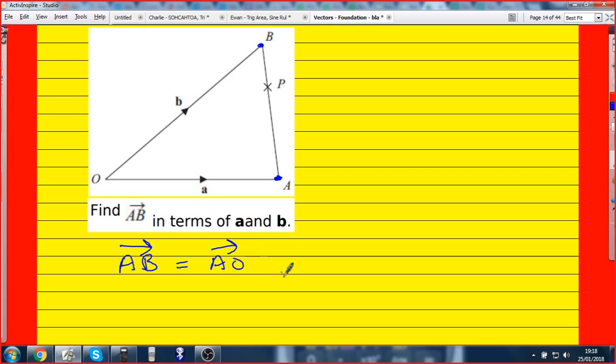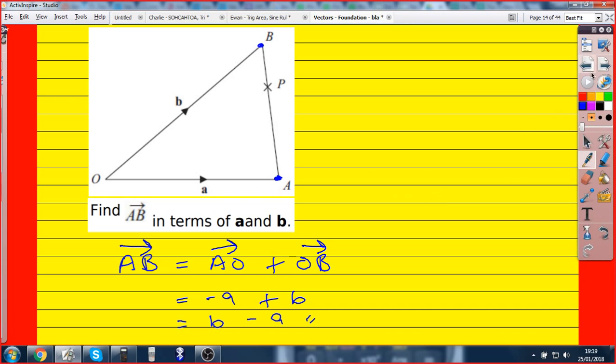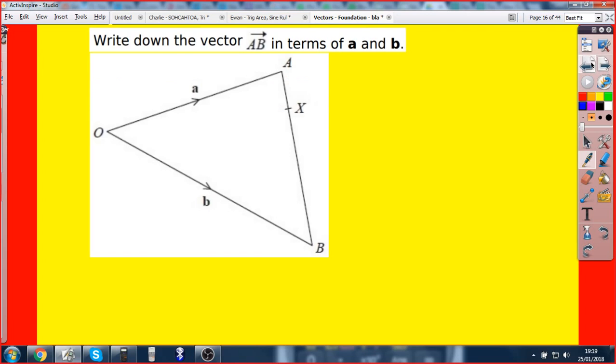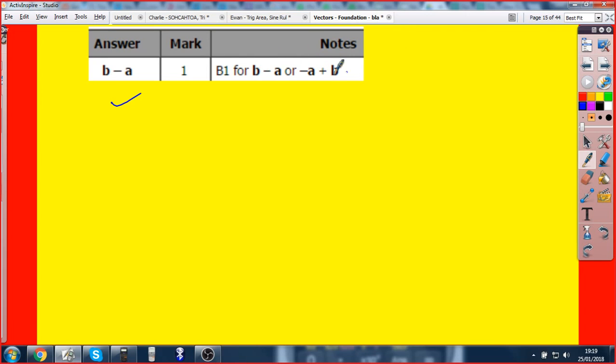Then you go O B. Yeah. And then that equals minus A. O B. So you just do B minus A. Yeah. Any questions there? No. So that's B minus A. And actually, you get full marks for minus A plus B.